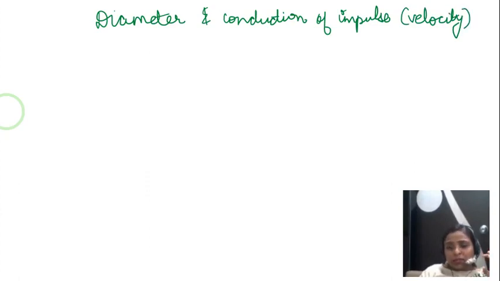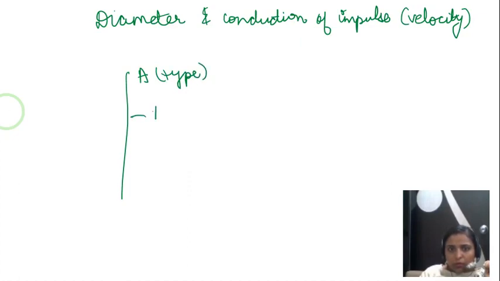On the basis of diameter and conduction of impulse, we have type A fibers, type B fibers, and type C fibers, right?